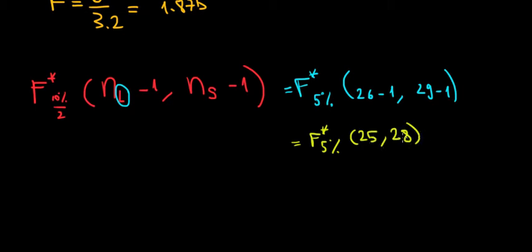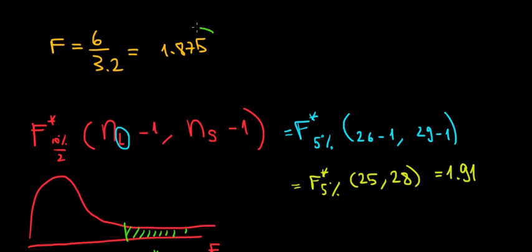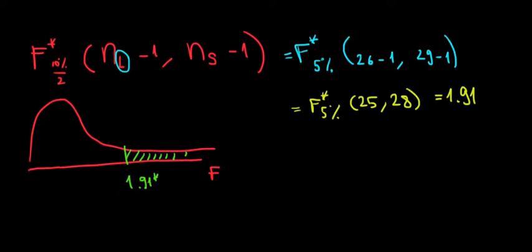Now if we check this in our table, we will have a critical value of 1.91. So let's plot this data on our F distribution and we'll see whether we reject the hypothesis or not. Here we have our F distribution and this is our critical value of 1.91, where we reject the hypothesis. Our actual value that we found with the F test is 1.875, and if we plot it over here, it's to the left of the rejection region.